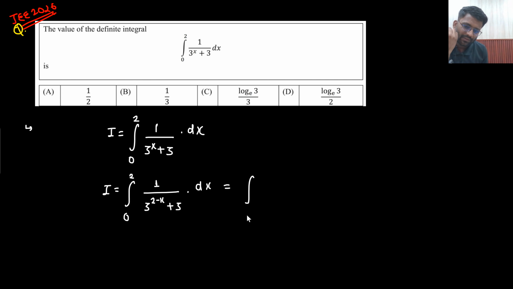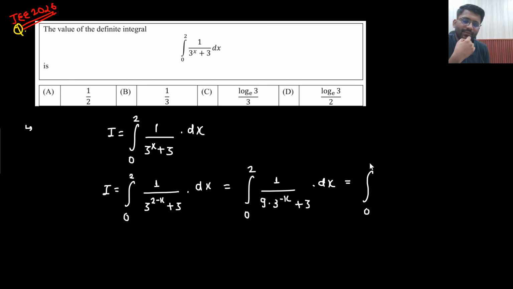So what I am getting from 0 to 2 is 1 upon 9 into 3 to the power minus x plus 3 dx, since 3 square becomes 9. Then I need to add both of them. If I add both of them, let's solve it further.